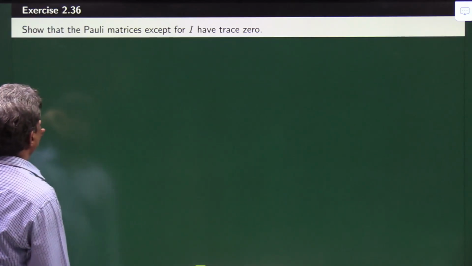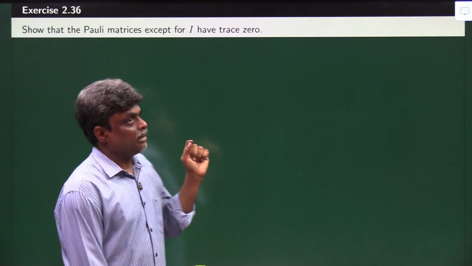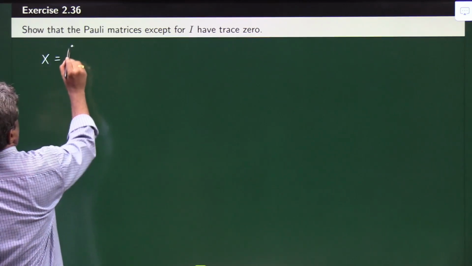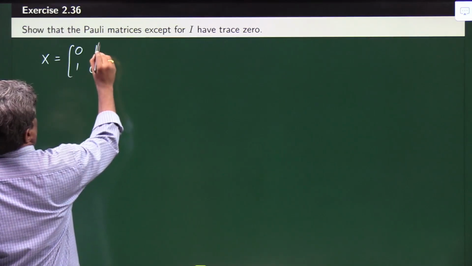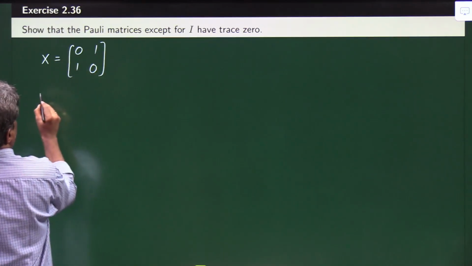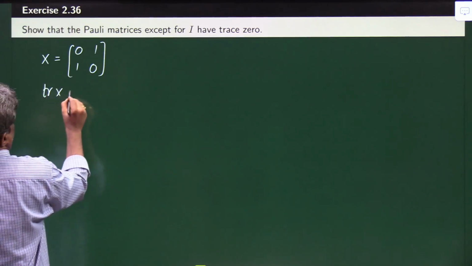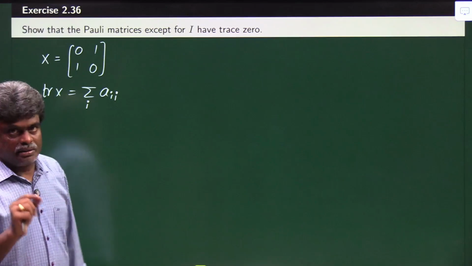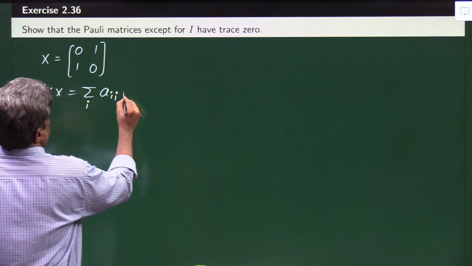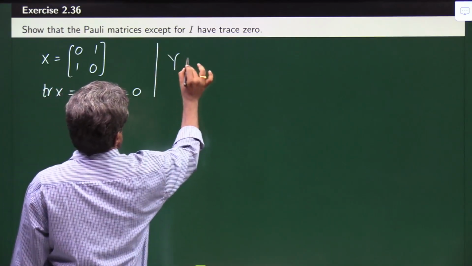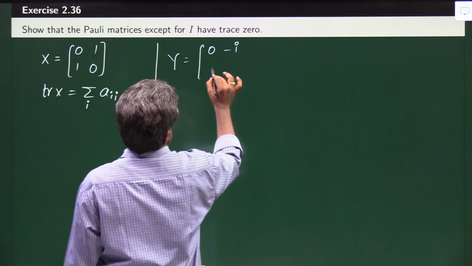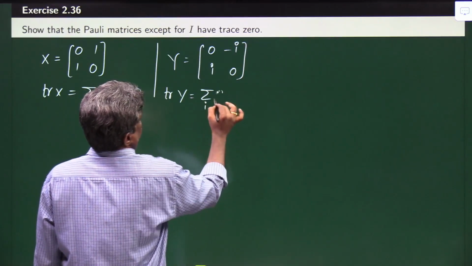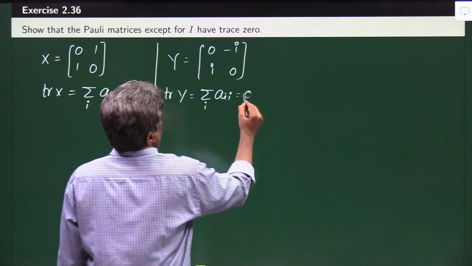Right, let us go to the next question. Here they are asking to show that Pauli matrices except identity have trace 0. Let us take it straightforwardly. The Pauli matrix X is 0 1 1 0. The trace is nothing but the sum of diagonal elements, the summation over i of a i i, which is equal to 0. If you take Y, which is 0 minus iota, iota 0, the trace is the sum of diagonal elements, which is also 0.